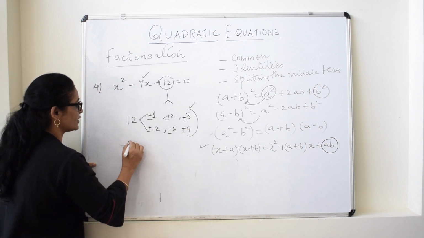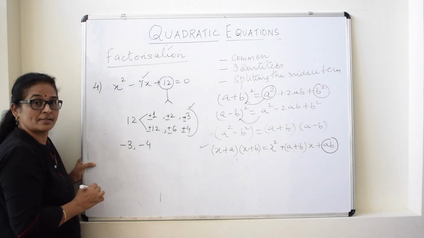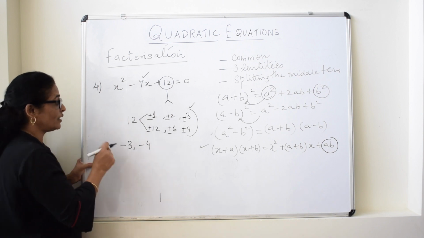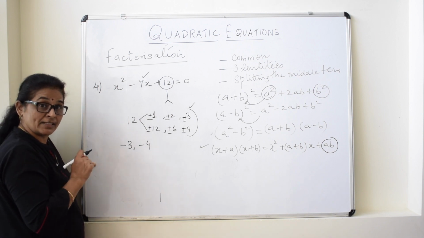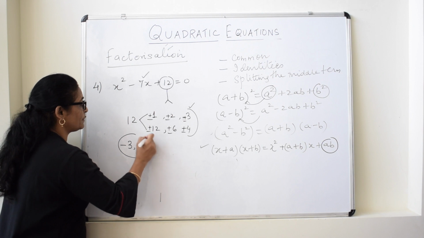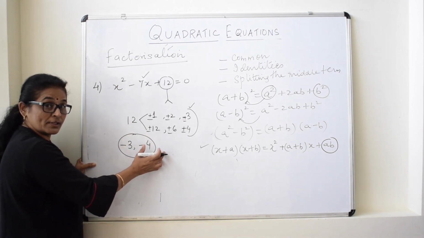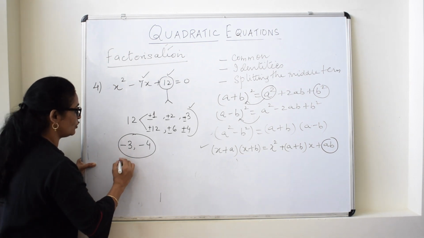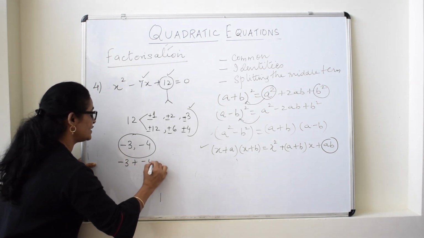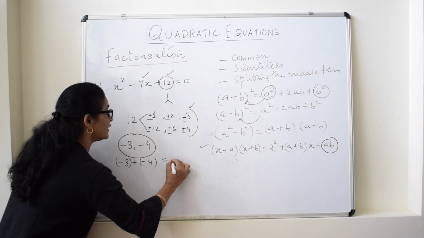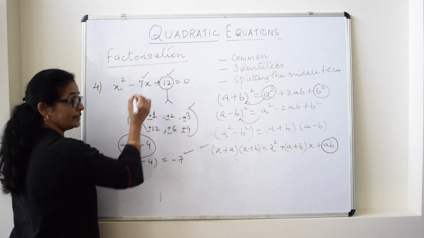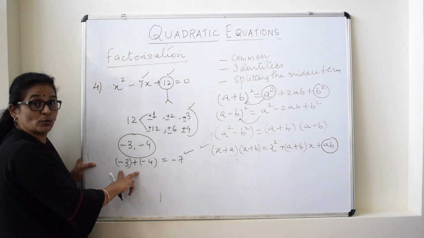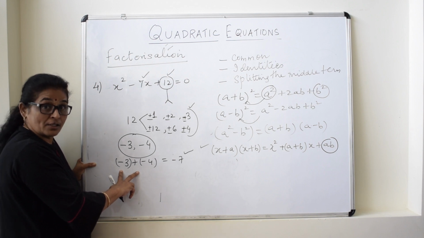Which two factors will help us? Minus 3 and minus 4. Why are we choosing both factors negative? Because the multiplication of two negative terms is positive and our last term is positive, and the addition of both of these negative terms will be negative, and that is our need. That is why we are choosing minus 3 and minus 4.